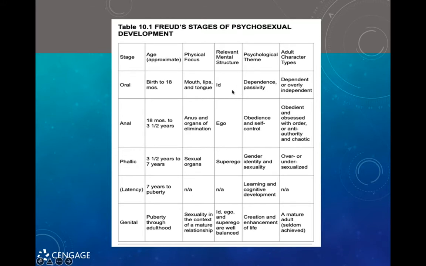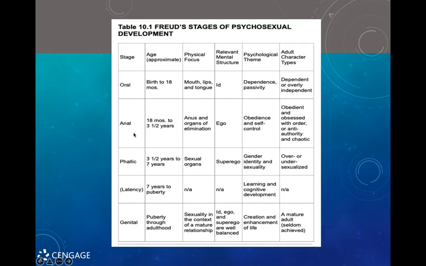And so it's said that when a baby gets fixated in this stage of development, then the psychological theme is usually dependence. You become passive as your personality. That's the kind of personality that develops. The adult character types, you become dependent or overly independent. So it can go in either direction.